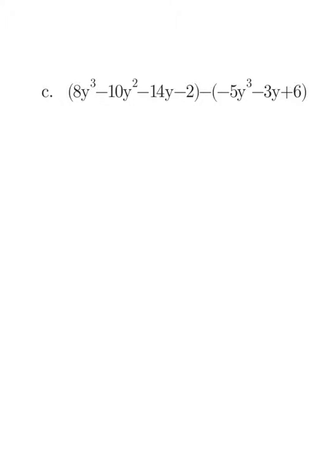For the vertical method, I'm going to start by writing out my first polynomial: 8y cubed minus 10y squared minus 14y minus 2.